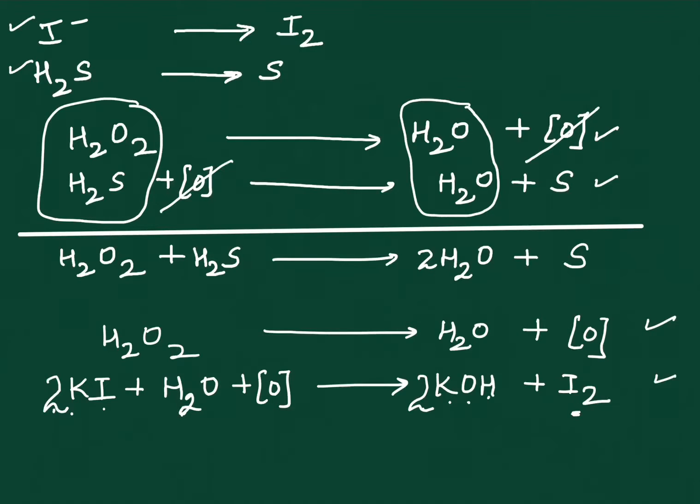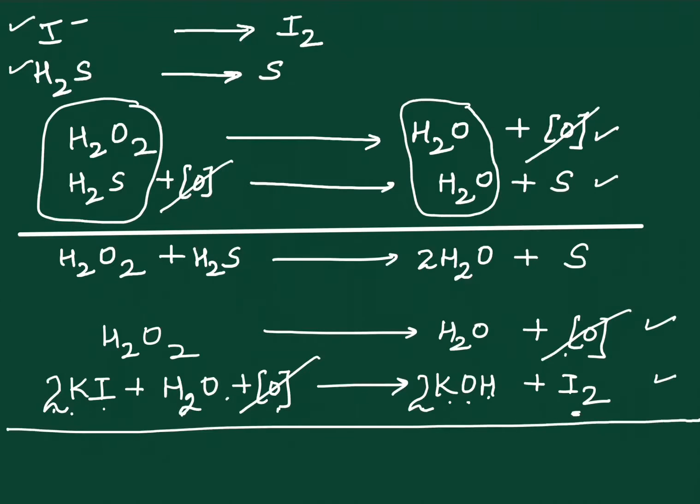We've got 2 oxygen. Yes, we've got 2 oxygen. But what about the number of nascent oxygen? Are they same in the 2 equations? Yes. No profit, no loss. Whatever is being produced is being used up. That's the main target of the partial equation method. Your nascent oxygen should be used up.